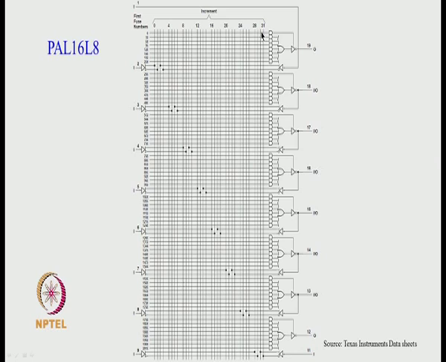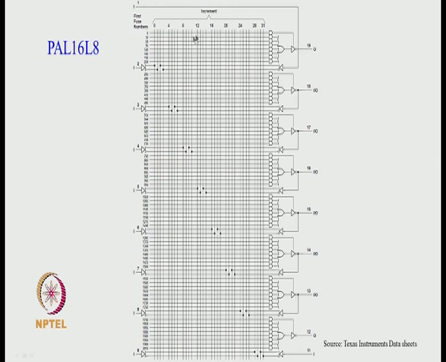I will show you how it is really implemented, but don't worry, this is not a conventional TTL circuit with 32 inputs, nor even a conventional CMOS AND gate with 32 inputs. It's a wired AND or wired OR, we will see that.